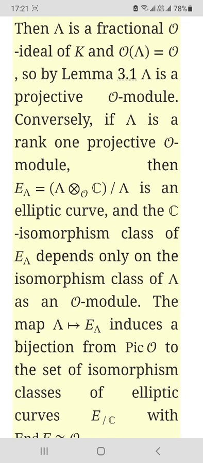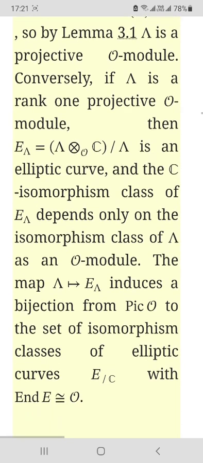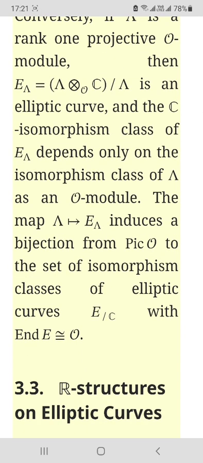Conversely, if lambda is a rank 1 projective O-module, then E_lambda, that is, the curve parameterized by lambda, is equal to lambda tensor C quotient by lambda.